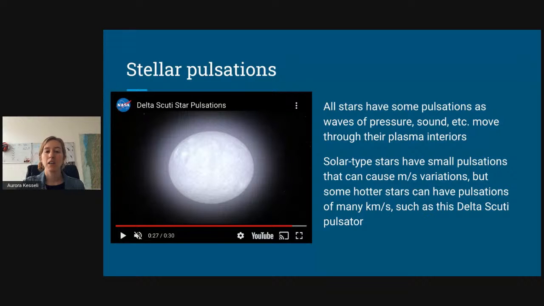And because WASP-33 is such a big planet, we still can measure the radial velocity shift of the star. But if the planet was much smaller, we would not be able to measure the radial velocity shift of even this hot Jupiter type planet, which are the easiest to measure.